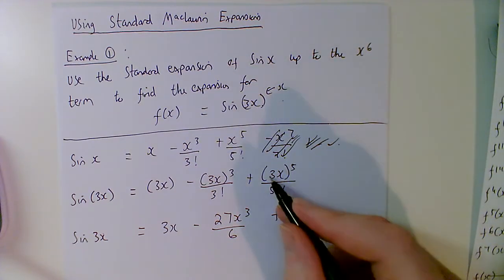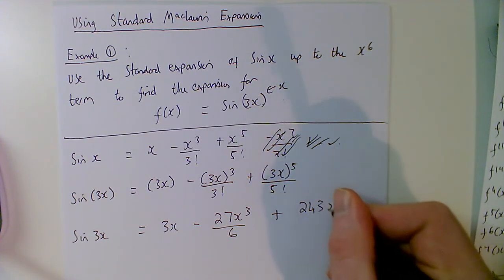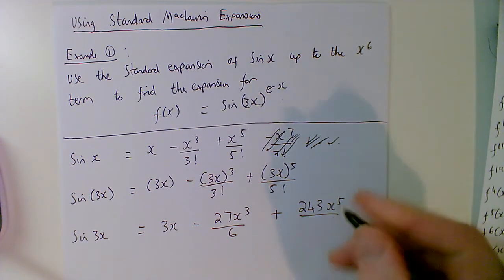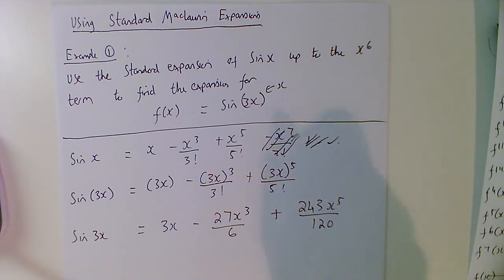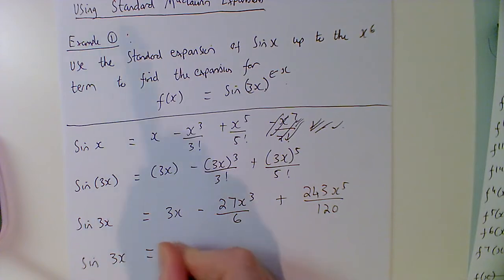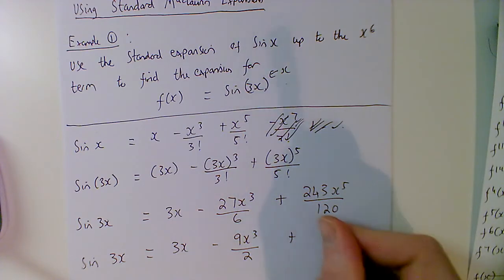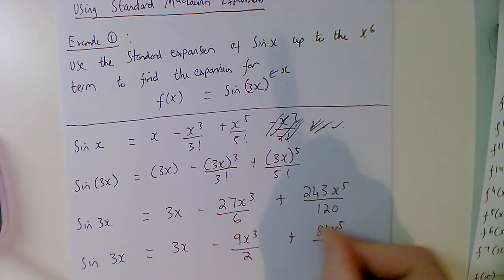And then I've got 3 to the power of 5 and x to the power of 5, so that's 243x to the power of 5 over 120. And then I can simplify the fractions. Sin 3x is 3x, take away 9x cubed over 2 plus 81x to the power of 5 over 40.